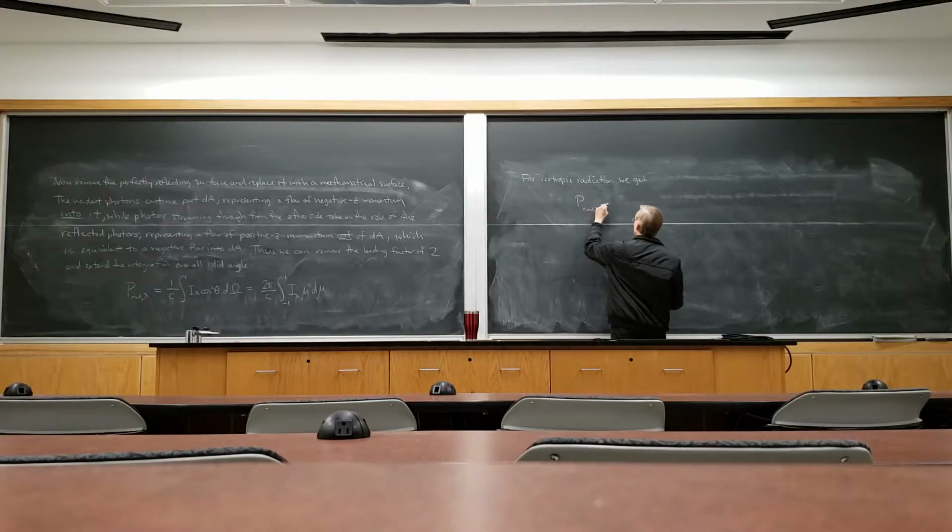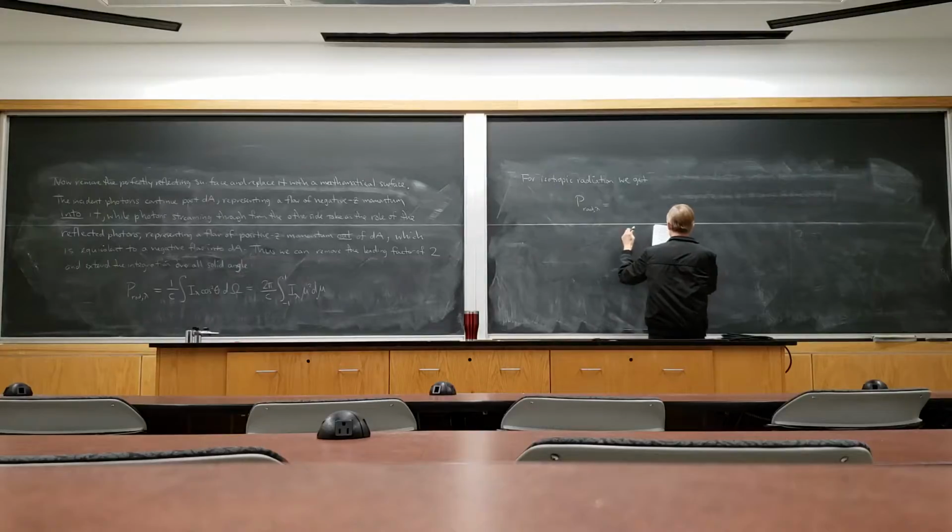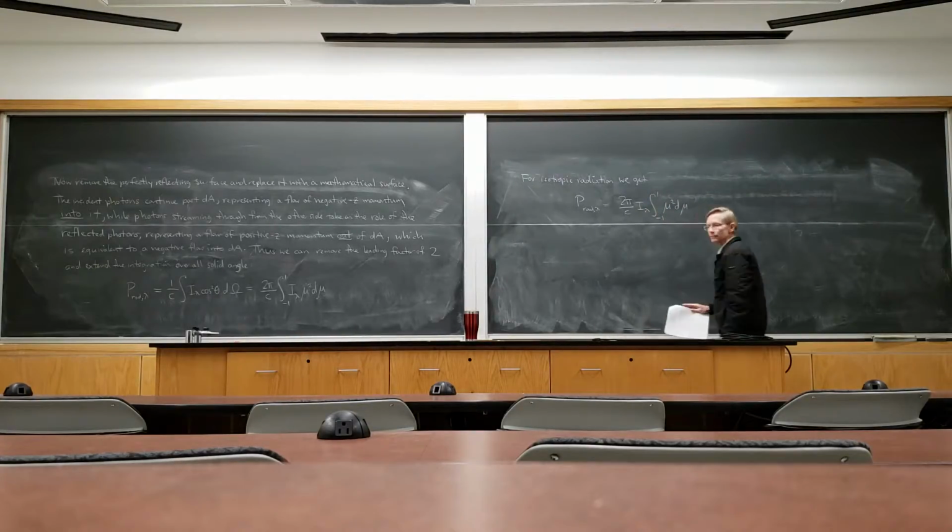So P rad lambda will be 2 pi over c I lambda integral from -1 to 1 of mu squared d mu.